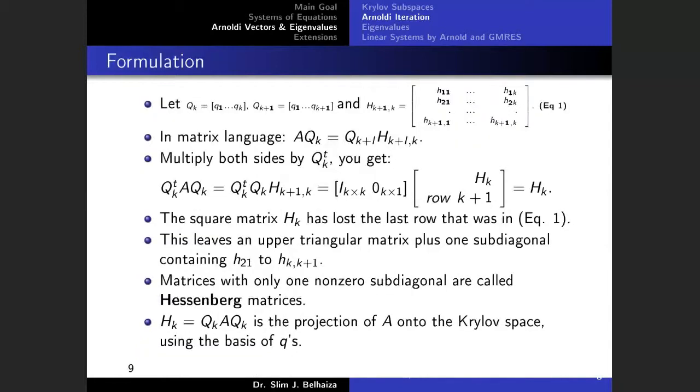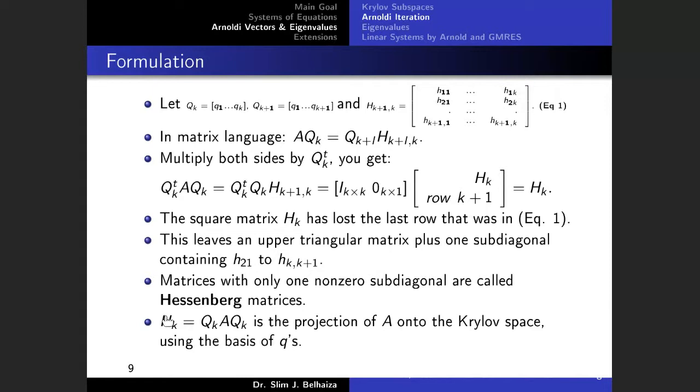And we gave the matrix formulation of the Arnoldi iteration. And we said that the most important thing is that the matrix you find at the end, which is H_k, is the projection of A onto the Krylov subspace. In fact, you don't need to compute the eigenvalues of A and sort them and take the largest one anymore.